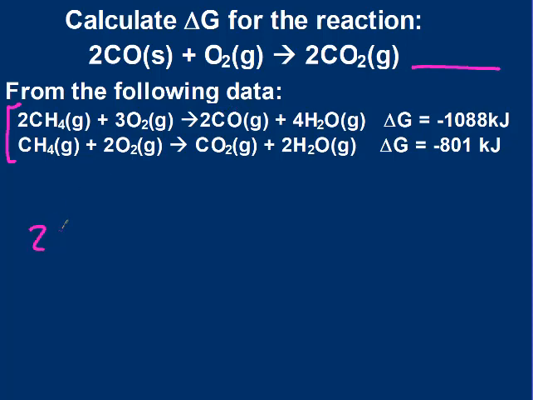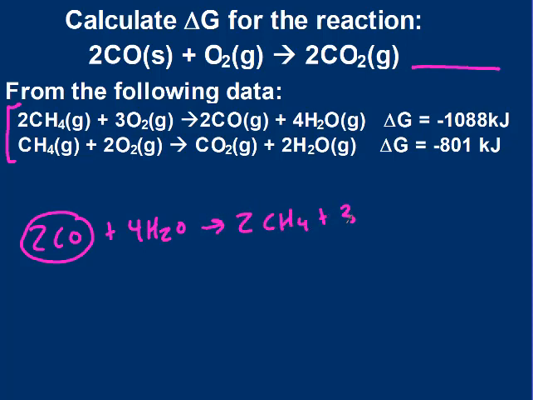The first reaction you should have reversed because we need 2 COs. Reversing it gives me a positive delta G, and that reaction no longer exists. I need 2 CO2s as a product. Well, I have CO2 here, so I should double this reaction.